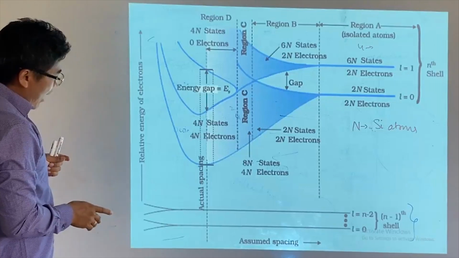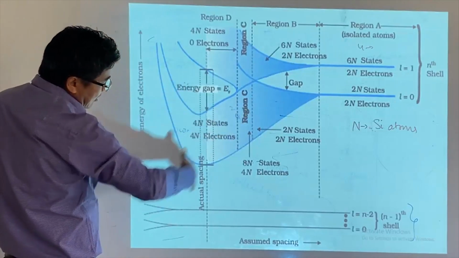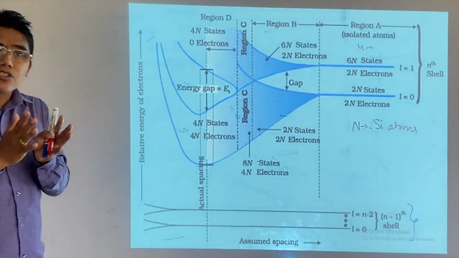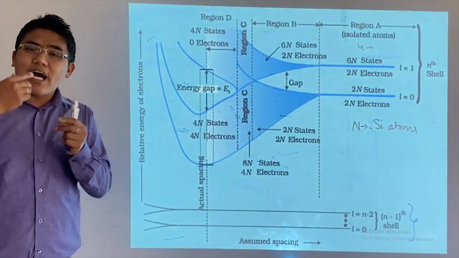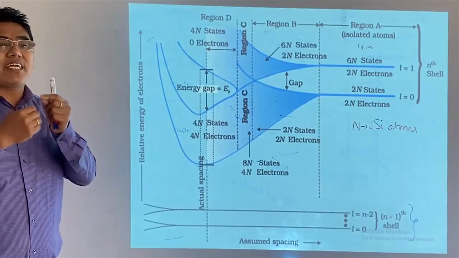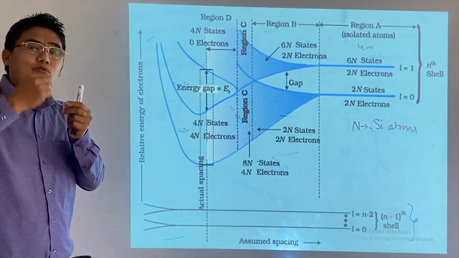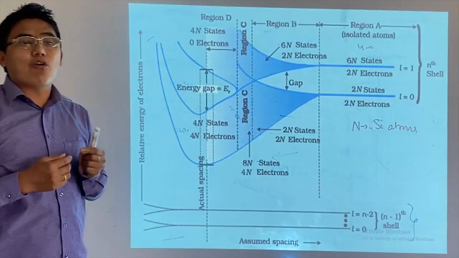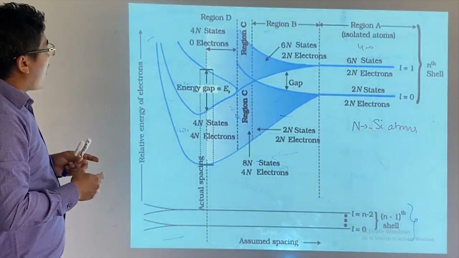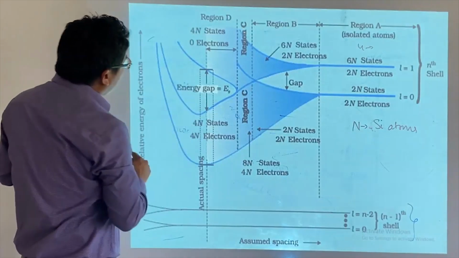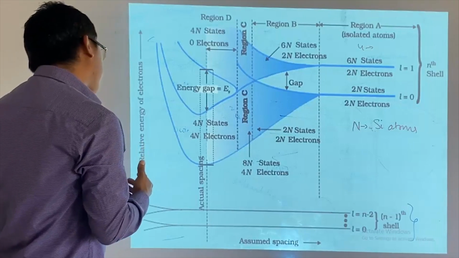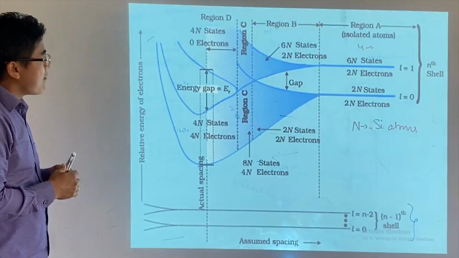Now when I bring these into a crystal formation, as the atoms come closer and closer, one silicon atom starts interacting with the neighboring silicon atoms. Region D is the actual spacing in the lattice.